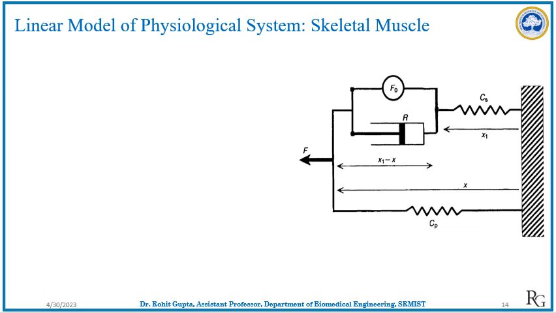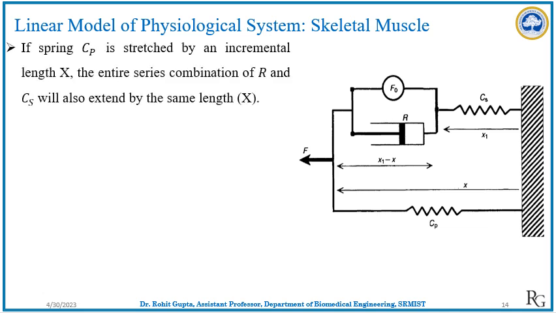So now the mechanical constraints placed on the model components. So let's see, if spring Cp, this particular spring, is stretched by an incremental length x, the entire series combination of R and Cs will also be extended by the same length, that is x.